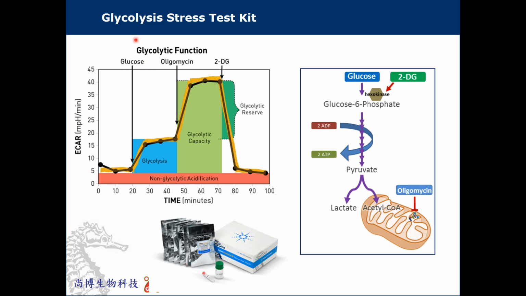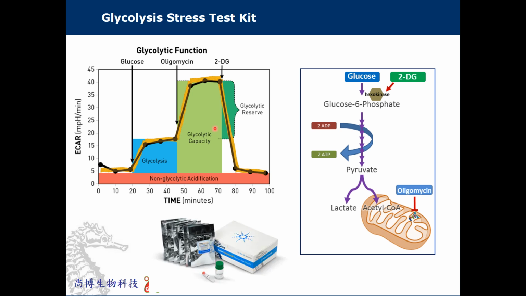And the first drug is glucose. Then if a cell gets the glucose, it will increase glycolysis very fast. A higher signal means a higher efficiency of glycolysis. And the second drug is oligomycin. It inhibits the ATP supply from mitochondria.